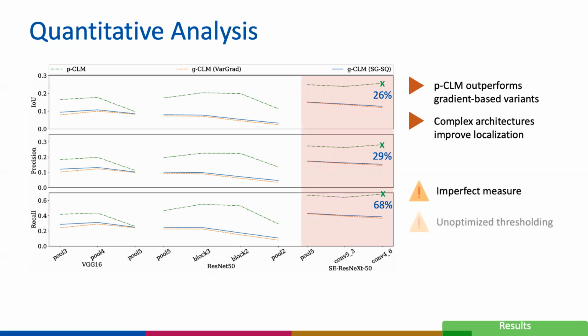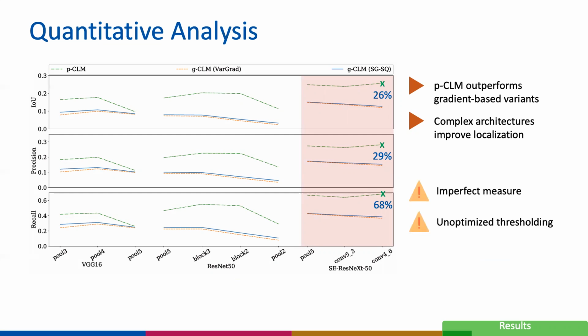Moreover, the IOU is a hard measure, which is a drawback for the evaluation of fuzzy heat maps. Finally, the optimization of the GCLM heat maps as well as the binarization of CLMs for evaluation are threshold-based and non-optimized. We are already working on improving our methods and evaluation techniques.